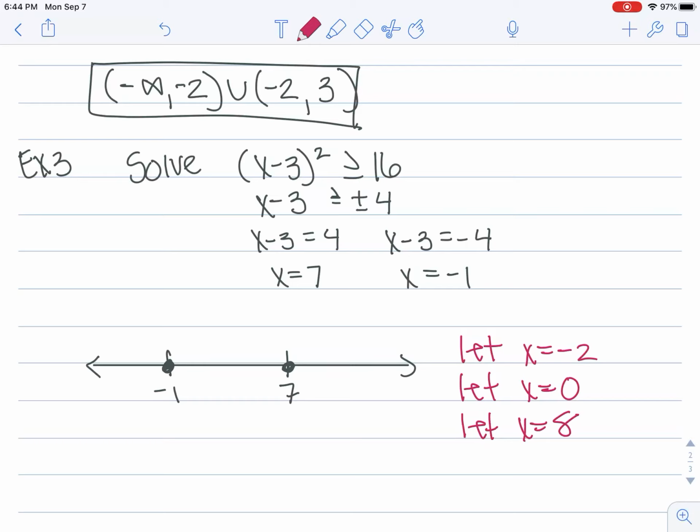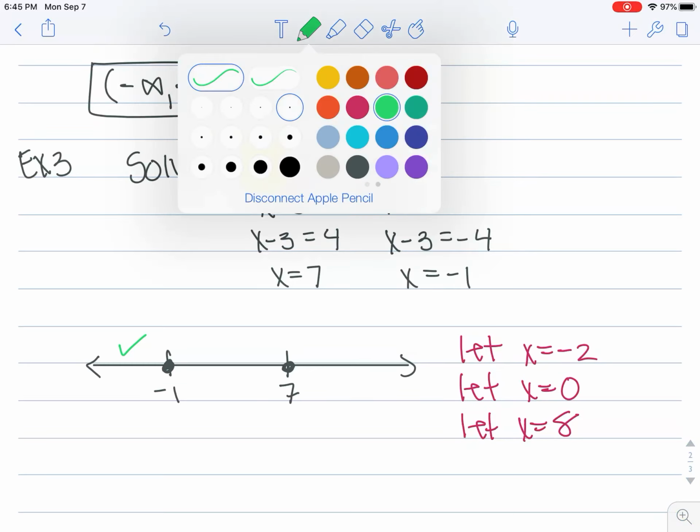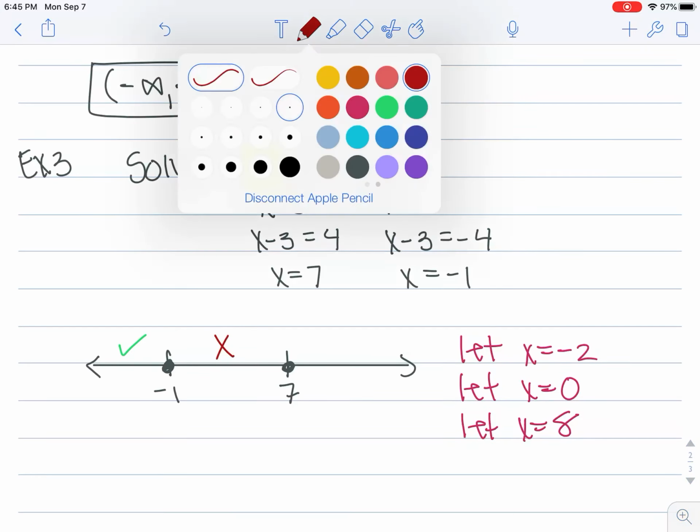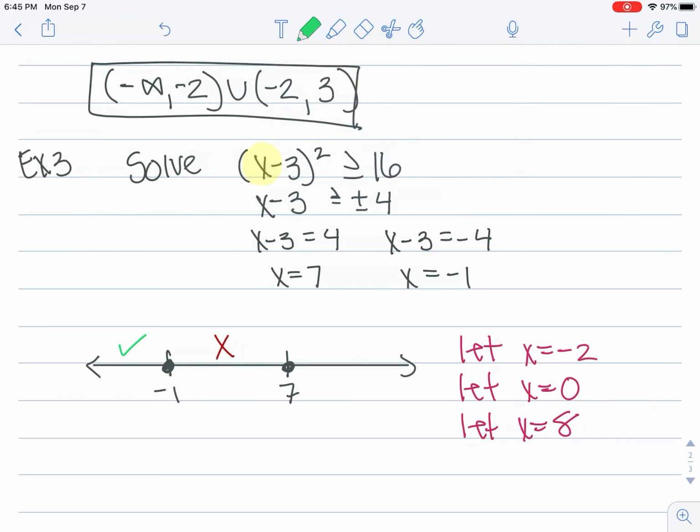Okay, so I plugged these values into the original inequality and figured out, did it give me a true statement? When I plugged in the left side, it gave me true. When I plugged in 0 for the middle, I got a false, and when I plugged in 8, I got a true statement.